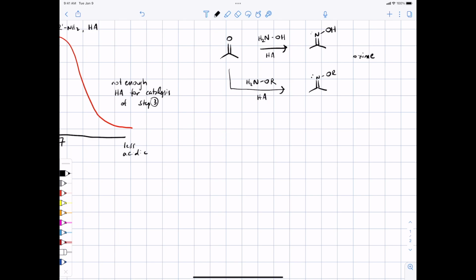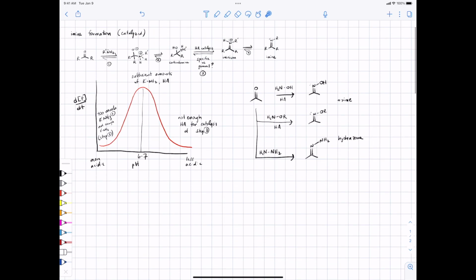If instead of using hydroxylamine or an alkoxyamine, you use hydrazine, you can generate this linkage, which is called a hydrazone. And you could substitute some R groups here if you wanted to.